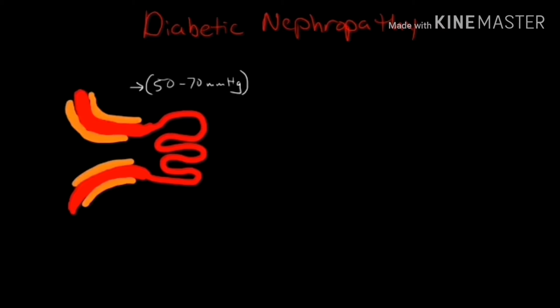Now I want to introduce another adaptation that the glomerulus has to withstand these very high intracapillary pressures. And this is called the mesangium.